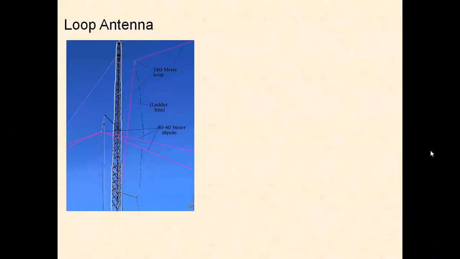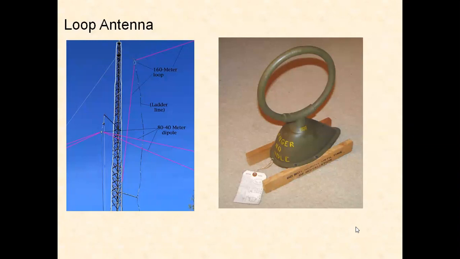So this is the loop antenna mounted on a tall tower. 160 meters loop, ladder line, then 80-40 meters loop. Like that, we provide high gains, and we have stacked loops connected here. This is the structure of a loop antenna.